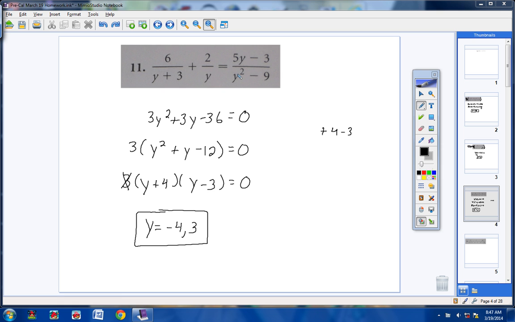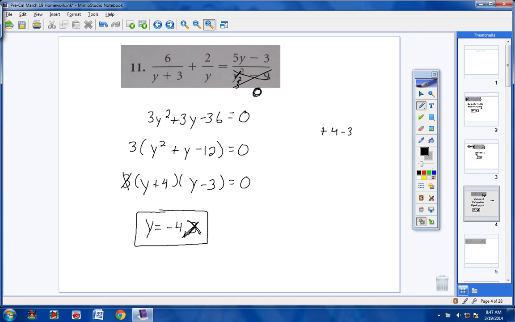See this y squared minus 9? If I put a 3 right here, I have 3 squared, and 3 squared is 9, and 9 minus 9 is 0. So as soon as you have one denominator with a 0, you know that you cannot solve this equation using the number 3. It does not work. So 3 is an extraneous solution.